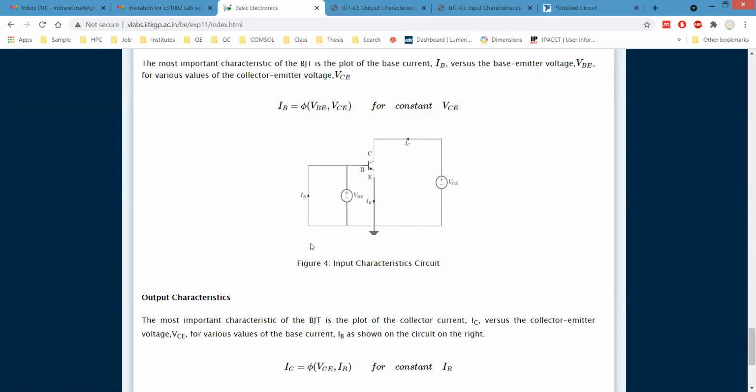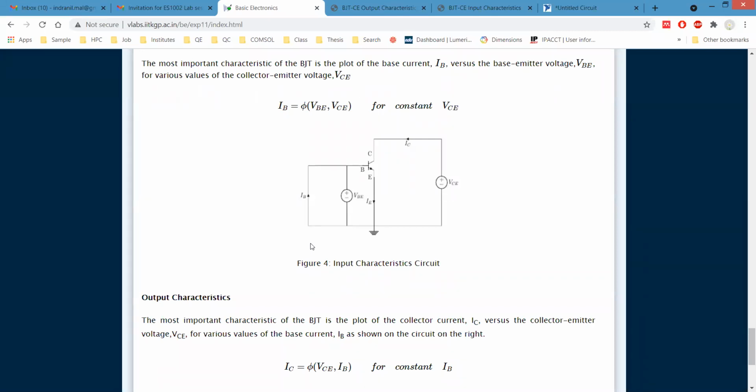When we simulate it, we can see, or else in the VLab you can also see, one resistor should be there. It is a good habit because it will minimize the loss of the particular transistor or device.